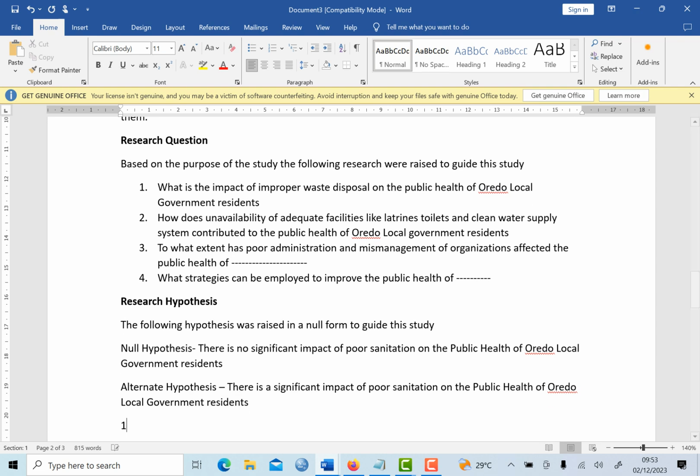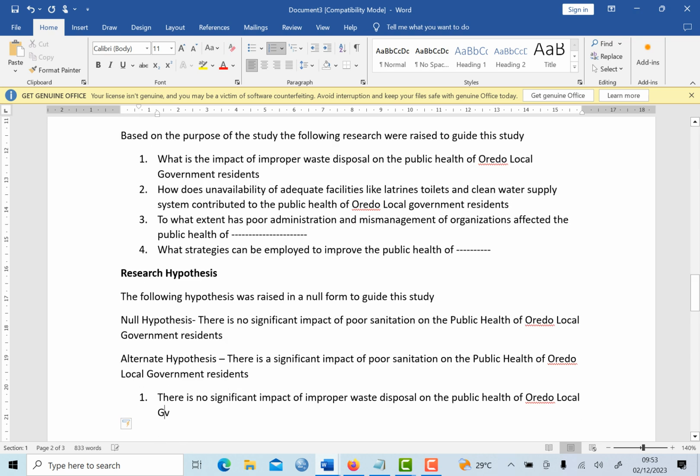So you say hypothesis one will be something like, in null form, there is no significant impact of improper waste disposal on the public health of Oredo local government residents.